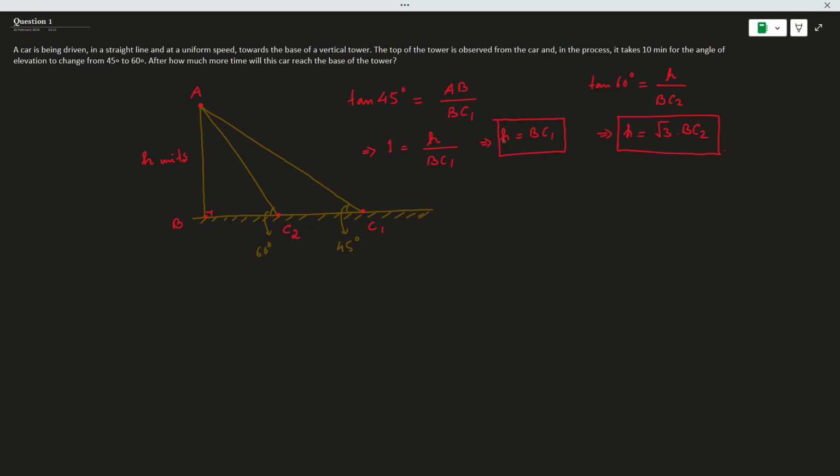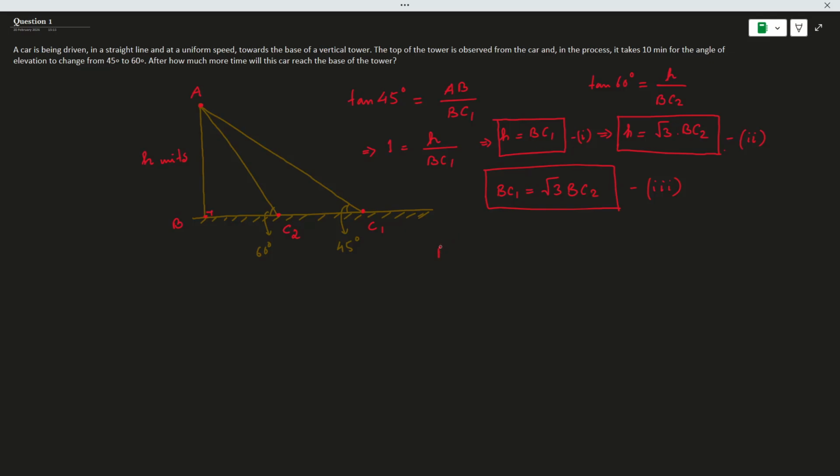We have the left hand side both H, so from these two equations I can say BC1 equals root 3 BC2. Suppose this is equation 1, this is equation 2, and using these two equations I get this equation, which I call 3.